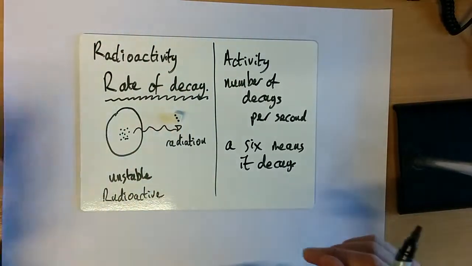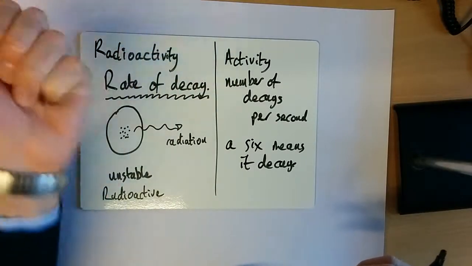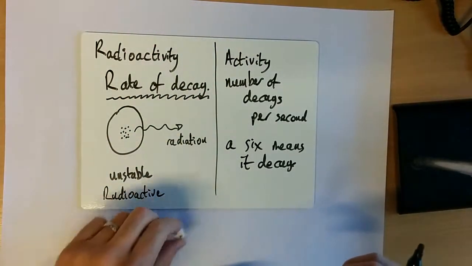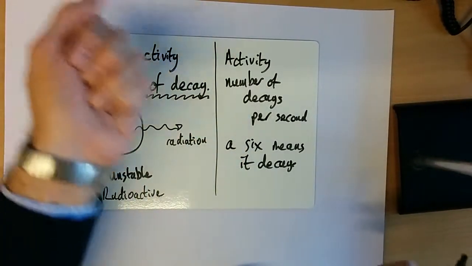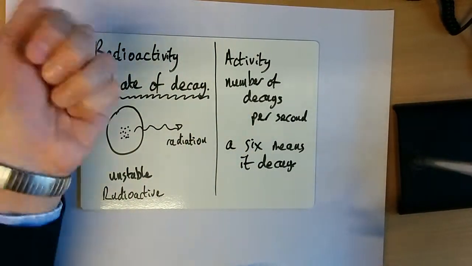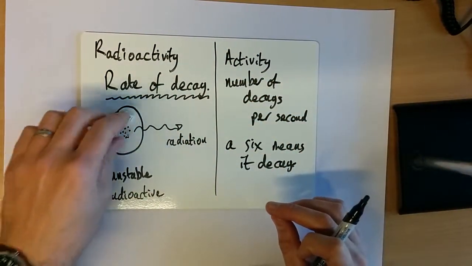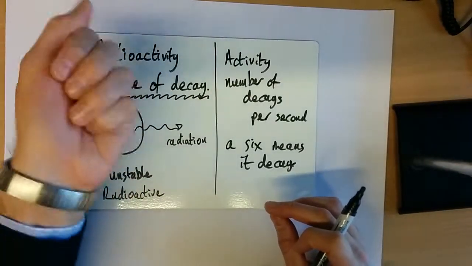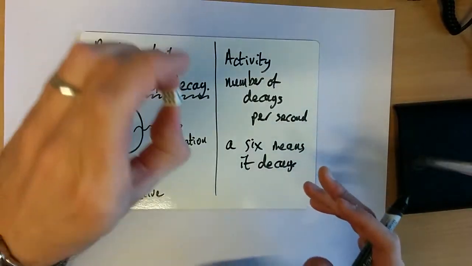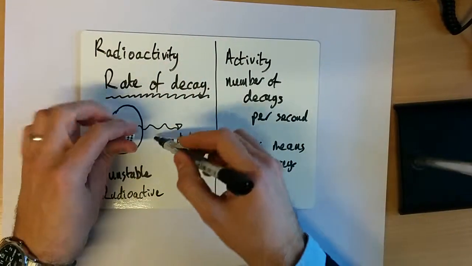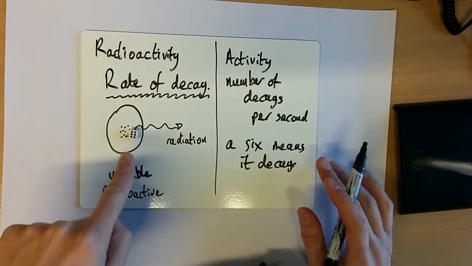Again a 3, it's not decayed. If I keep rolling this, eventually I will get a 6. It's a 2, a 3, a 2. So the point about one of these atoms is that it is actually completely random. There we are, a 6. This has now decayed and it's given me some radiation, but I didn't know when.